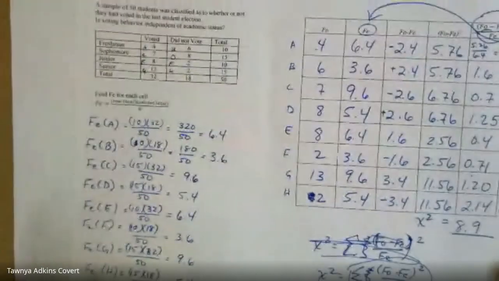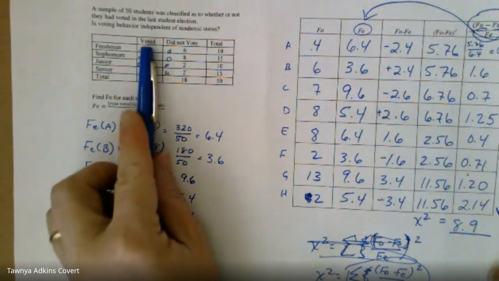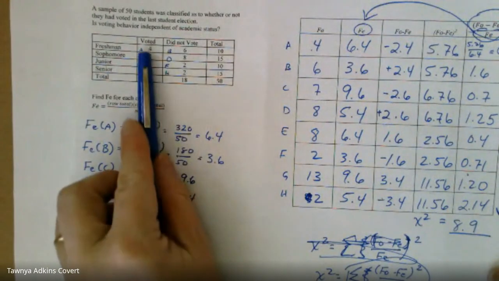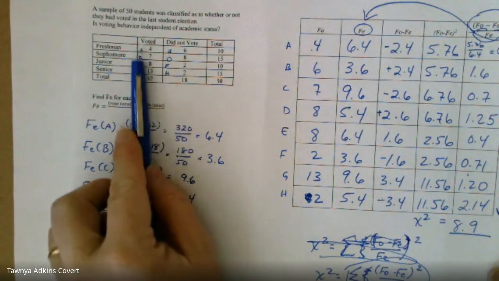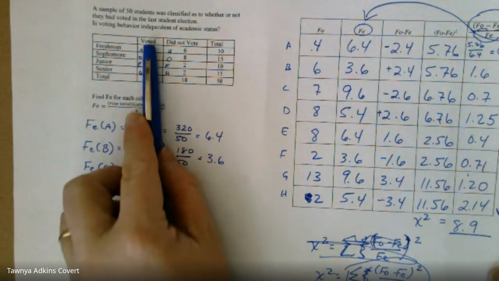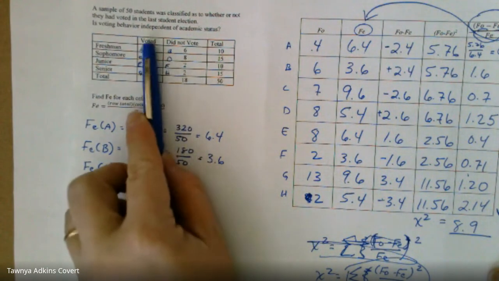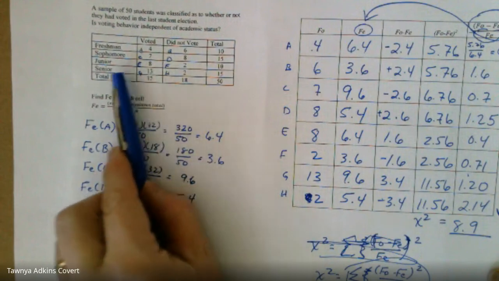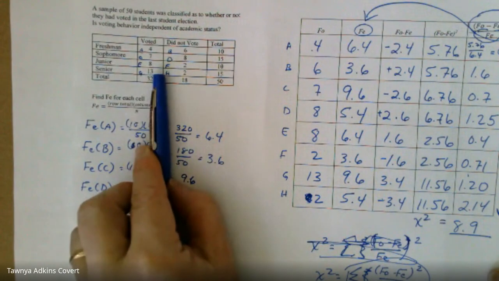We had a hunch when we looked at the data that it probably was, because we saw a pattern: a larger proportion, not just the number, but a larger proportion of students who voted compared to those who didn't vote as they went up in class status. As you move from freshman to sophomore to junior to senior, we see that pattern.